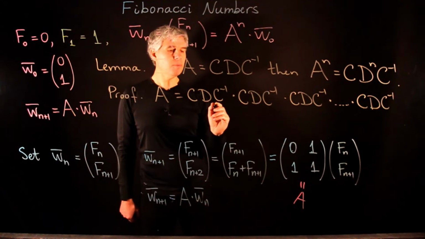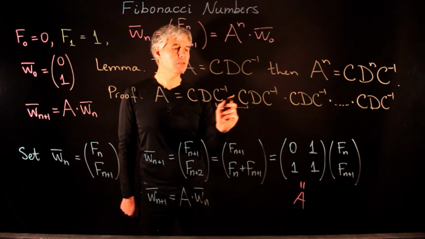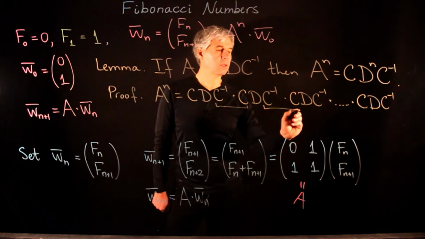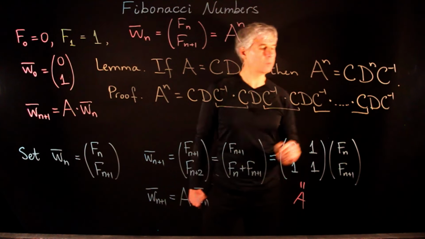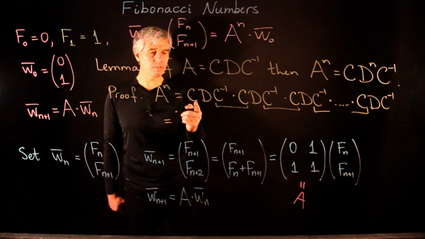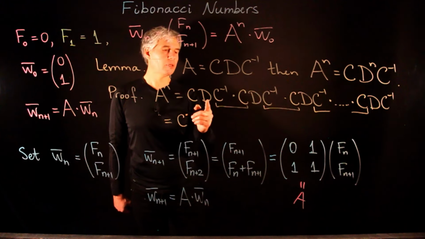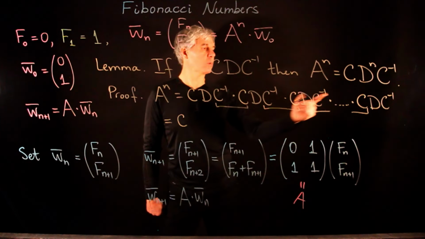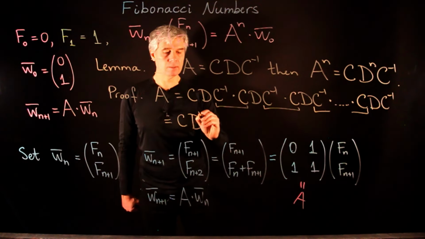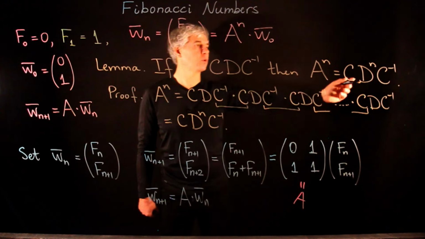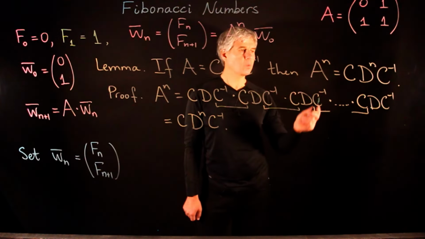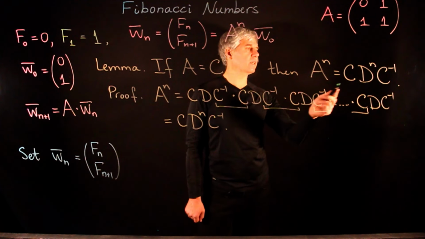But here in the middle, factors C inverse and C will cancel, everywhere in the middle. And so what we will end up with is we have the first factor of C, then we have n factors of D, and the last factor of C inverse that will survive. And that's the formula that we have. So why does this lemma make us any happier?